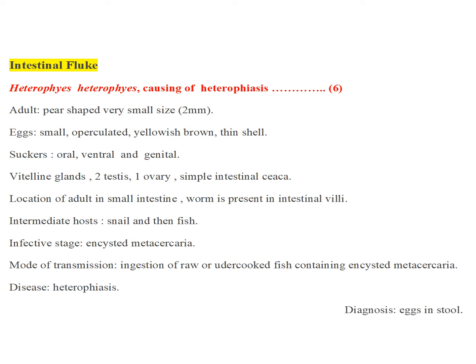Now about its suckers. There are 3 suckers, not 2: the oral sucker, the ventral sucker, and the genital sucker. There is a vitelline gland, 2 testes, and 1 ovary, with simple intestinal ceca.